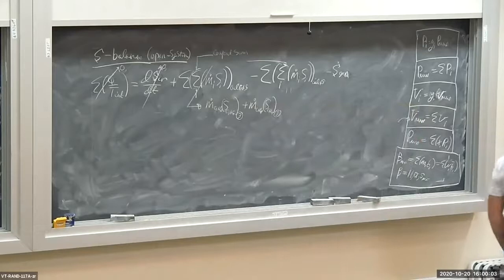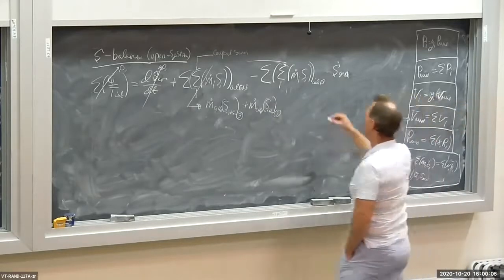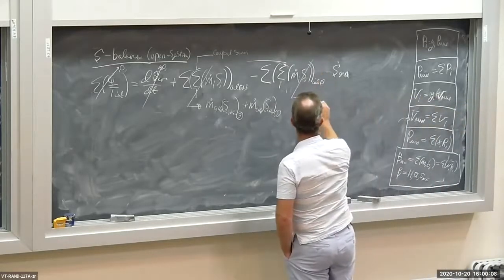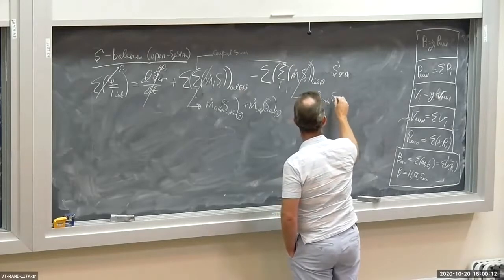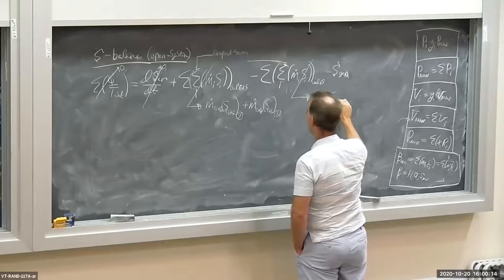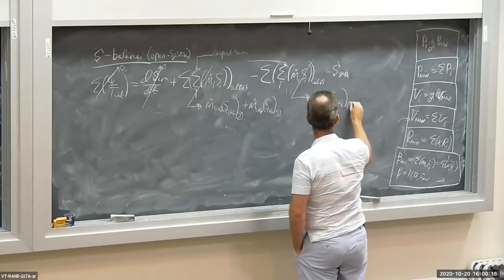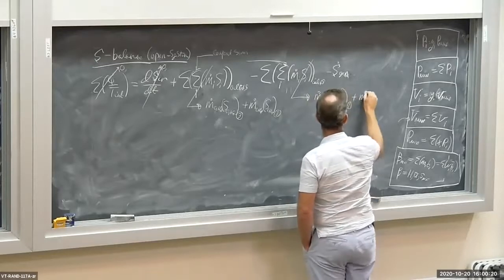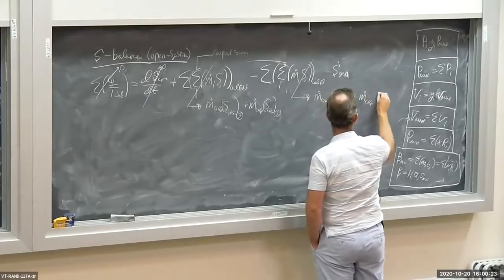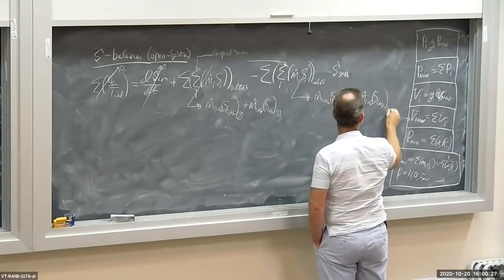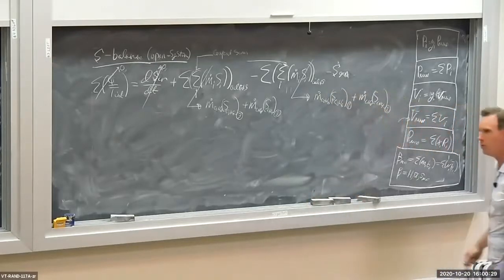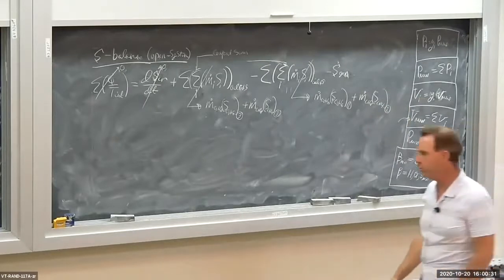Okay, and then I got two inlets. So I get M dot C2H6 times the specific entropy of the C2H6 evaluated at location 1 plus M dot CH4 S CH4 evaluated at the inlet location number 2. Okay?